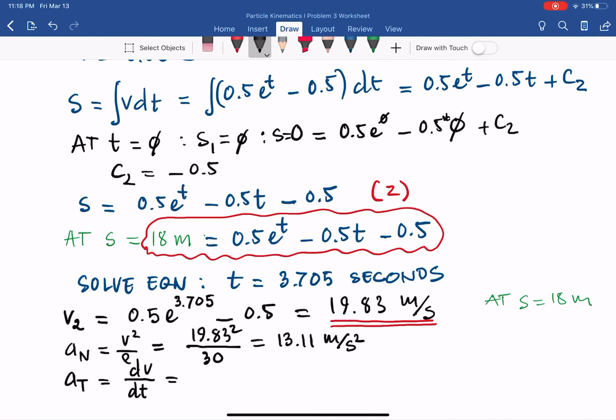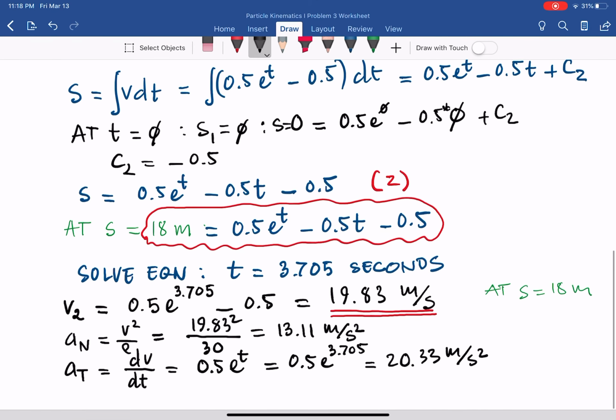So we have 0.05 e^3.705, and it will be 20.33 meters per second squared. So we have the tangential component and the normal component of acceleration.